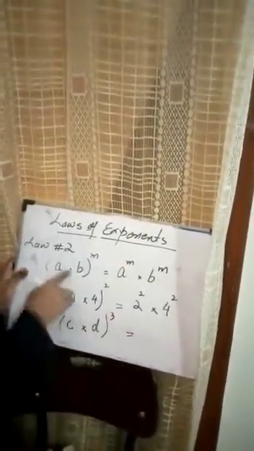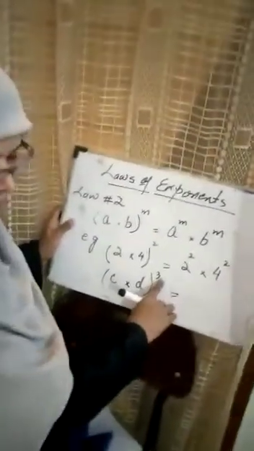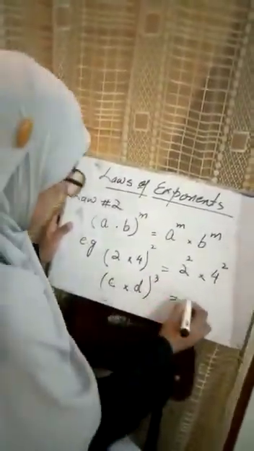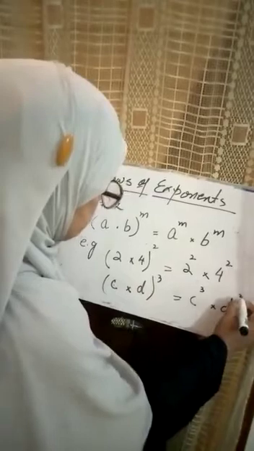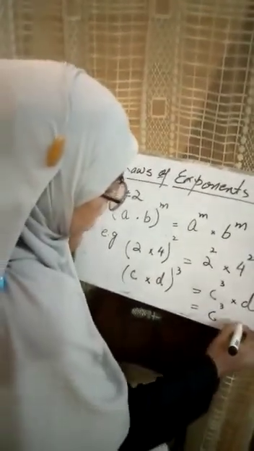When we apply this law, bases are different having the same power, so c to the power 3 multiplied by d to the power 3.